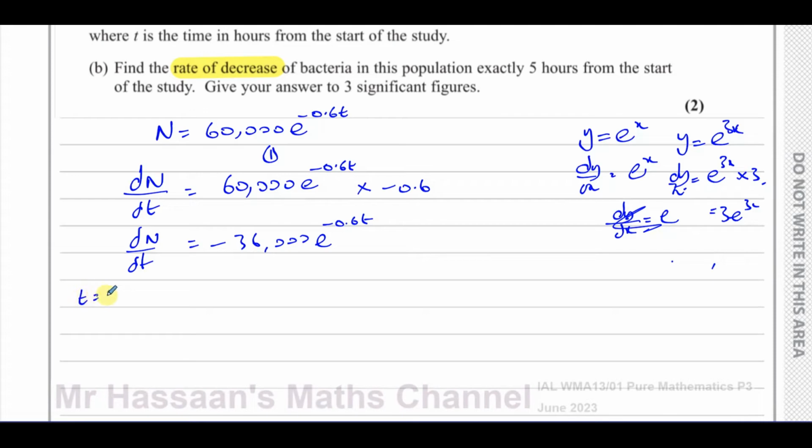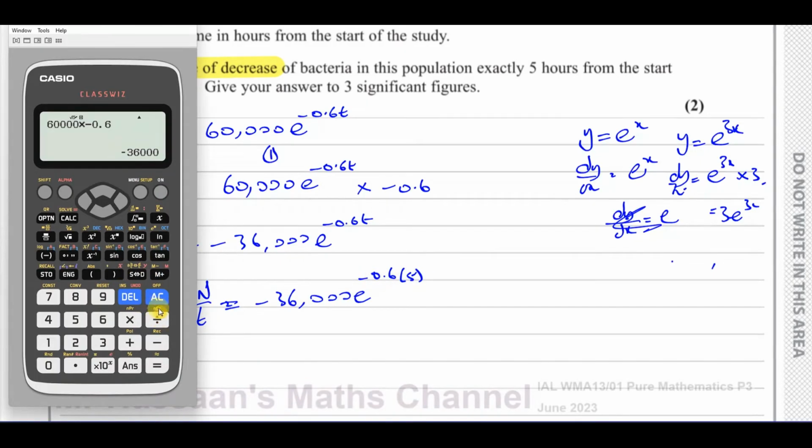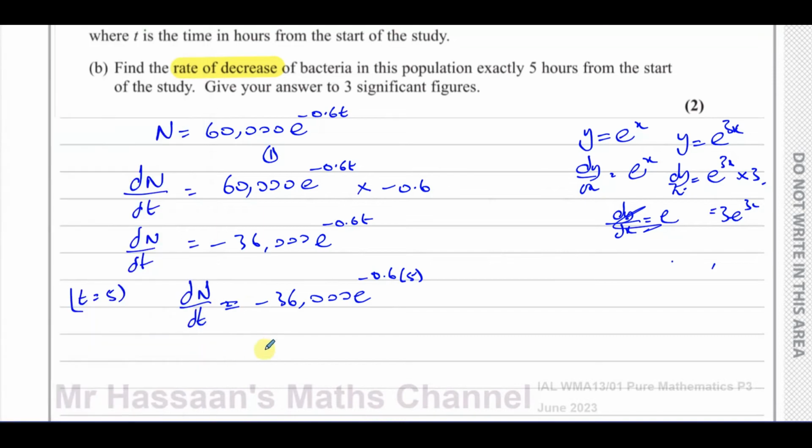So when t equals 5, dN/dt is equal to negative 36,000 e to the power of negative 0.6 times 5. And that gives us negative 1,792.334.